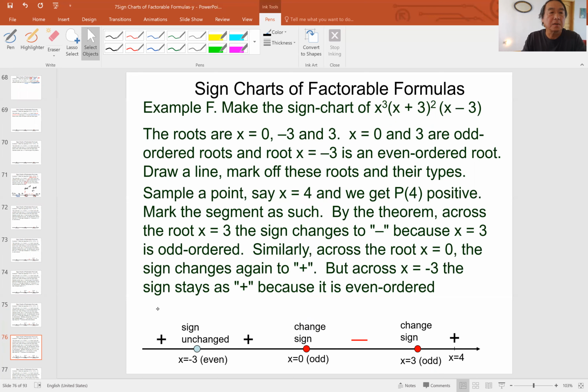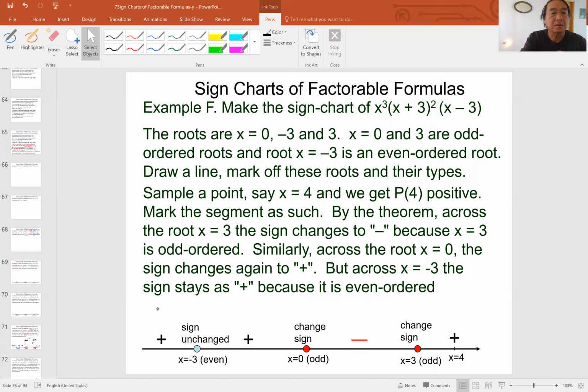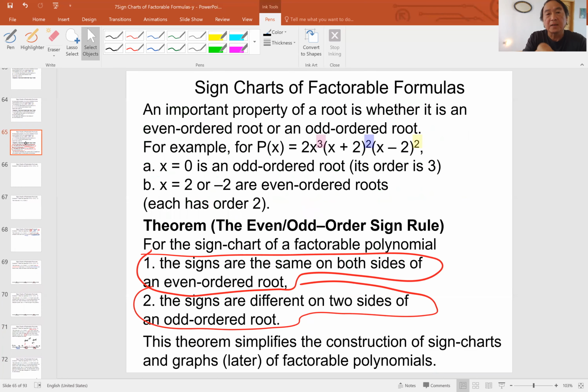The theorem is what we just said. Signs on both sides of an even order root are the same. Signs are different on the two sides of an odd order root.